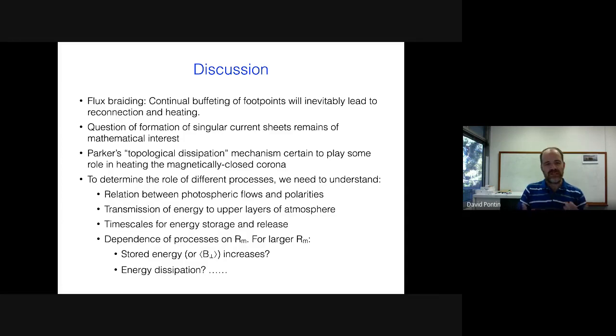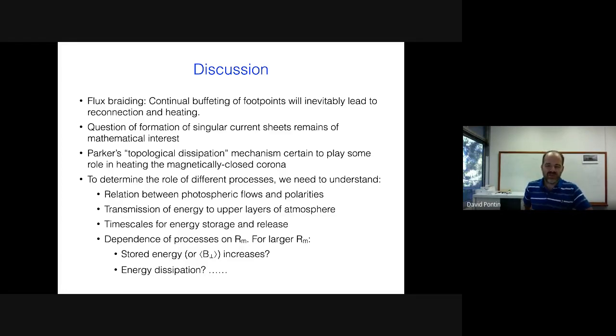But basically, Parker's topological dissipation mechanism does work, and so seems certain to play some role in heating the magnetically closed corona, at least.